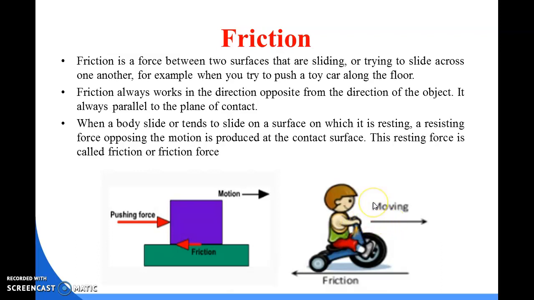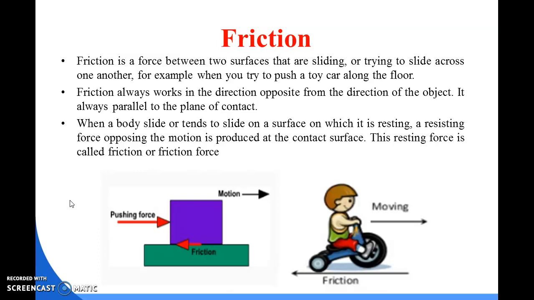And the friction always happens at the contact surface, which is always opposite to the motion of the body. So friction always works in the direction opposite to the direction of the object. It is always parallel to the plane of contact.